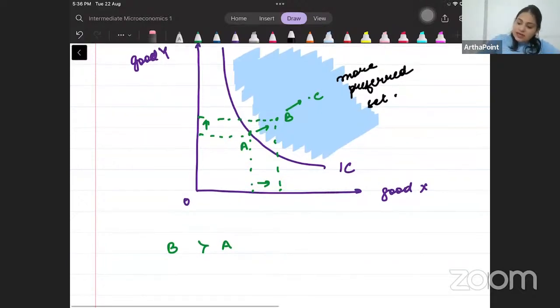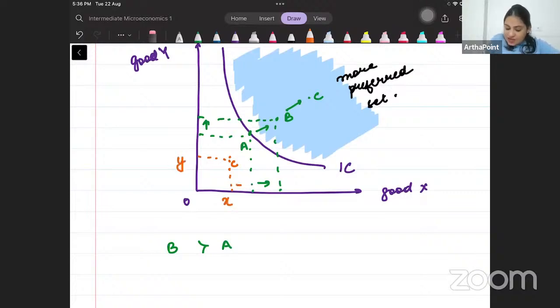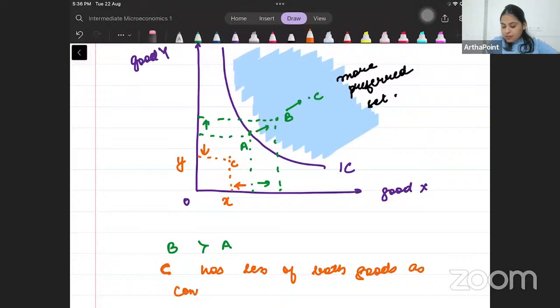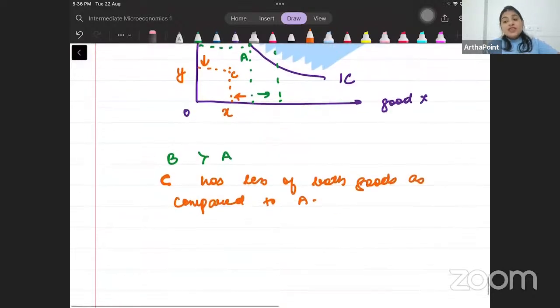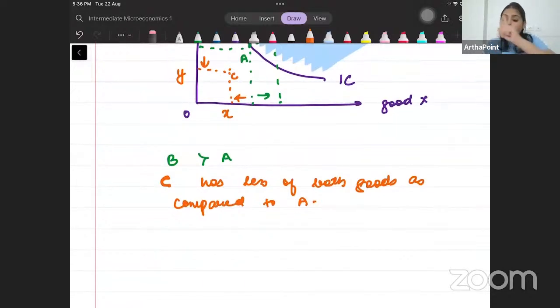ऐसे ही एक बंडल ले लो बेटा, बंडल C. C में A के कंपैरिजन में C has less of X and less of Y. X is also reducing and Y is also reducing. So bundle C has less of both goods as compared to bundle A. If C has less of both the goods, अगर C में good X भी कम है और Y भी, so C should be less preferred to A ना.